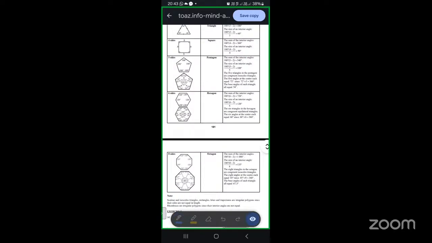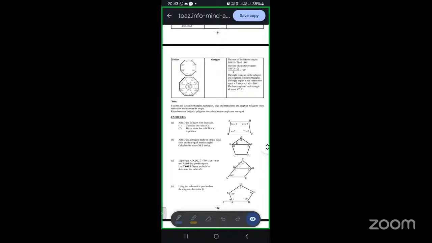So what you are going to do is say angle A plus angle B plus angle C plus angle D is equal to 360 degrees. That is the property of a polygon that has four sides. Do you guys understand this part?